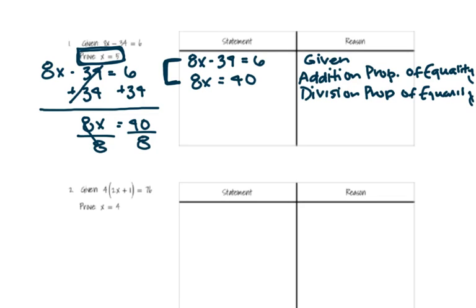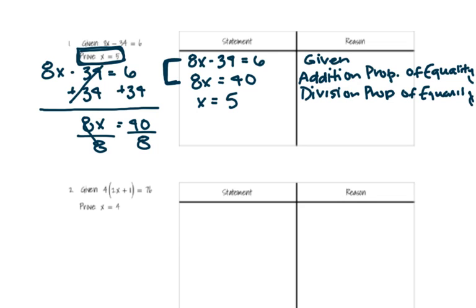Okay, so now we have x equals 40 divided by 8. And what is that going to be? x equals 5. So now we have proven that. So that's it. That is all of that proof.